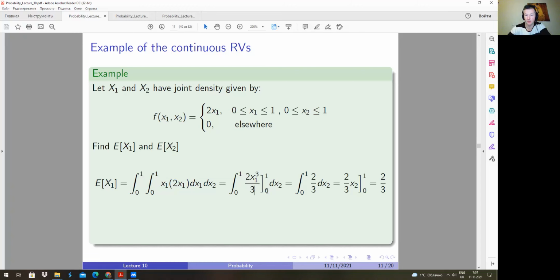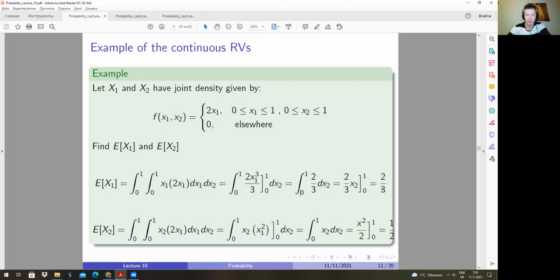Evaluating this from 0 to 1 gives me 2 over 3. Then I have this integral of 2 over 3 dx2, and when I find the integral, it's just 2 over 3 x2. Evaluated from 0 to 1 gives me 2 over 3. So this is the expectation of x1, 2 over 3.